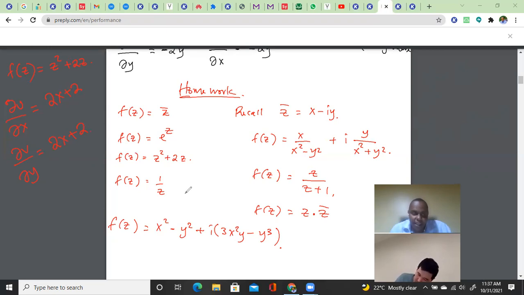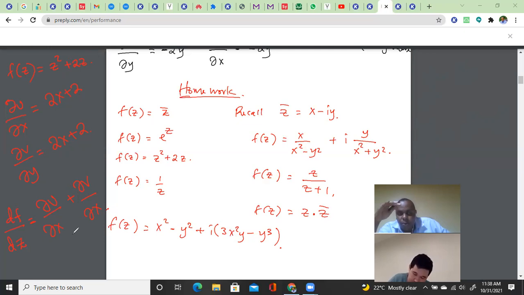Now, can you find its derivative? Can you do a df dz on it? df dz is going to be the partial derivative of u with respect to x plus i times the partial derivative of v with respect to x. Because after finding out that the function is analytic, it means you can find its derivative. And now this is how you find its derivative.